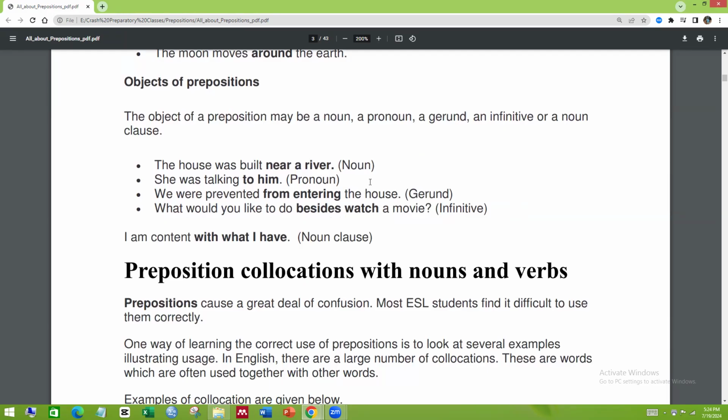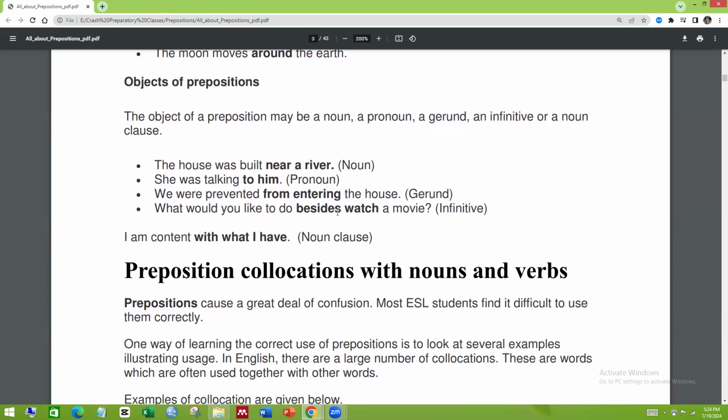The house was built near a river. She was talking to him. We were prevented from entering the house. What would you like to do besides watch a movie? अब यहाँ पे देखें कि इनके जो objects हैं preposition के वो clearly दिए गए हैं. Like near a river, noun. To him, a pronoun.